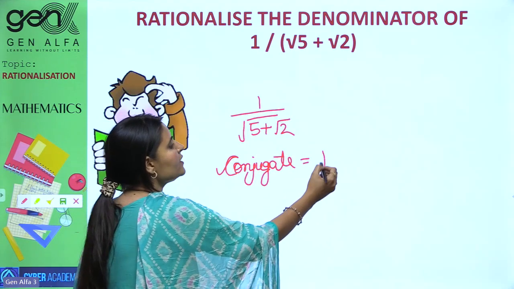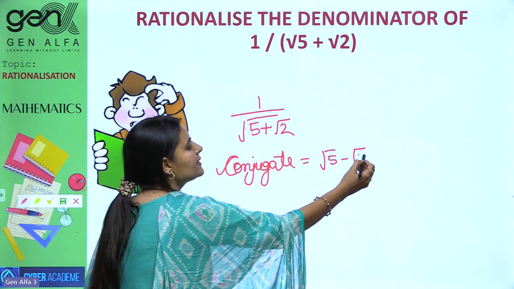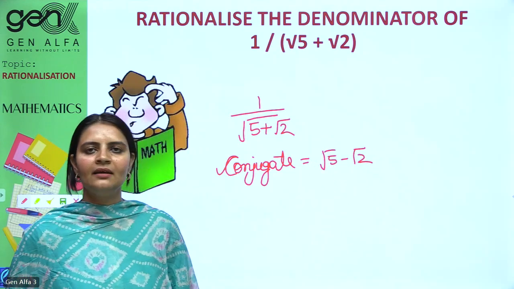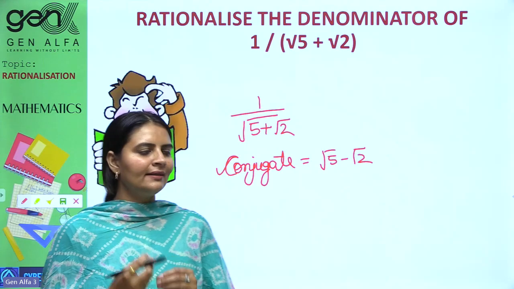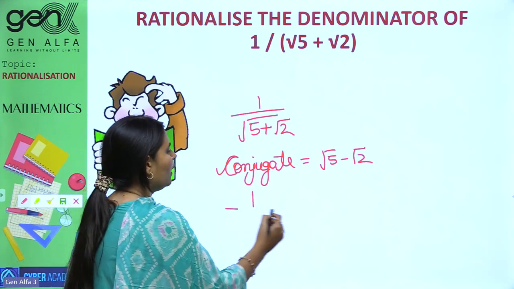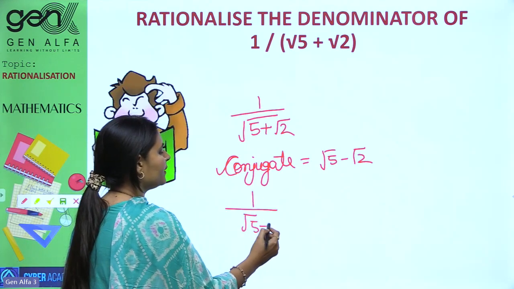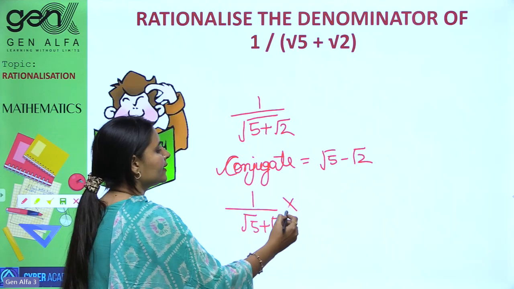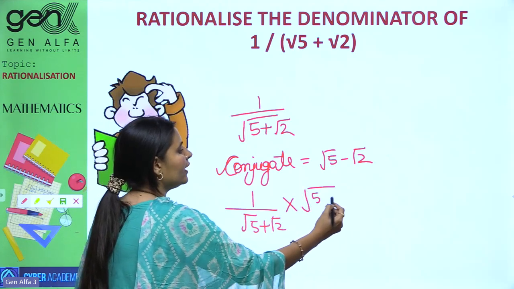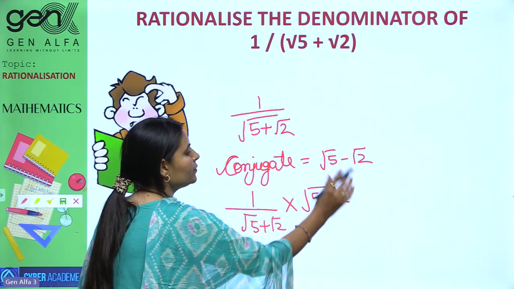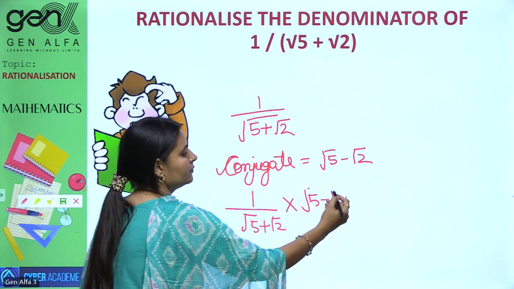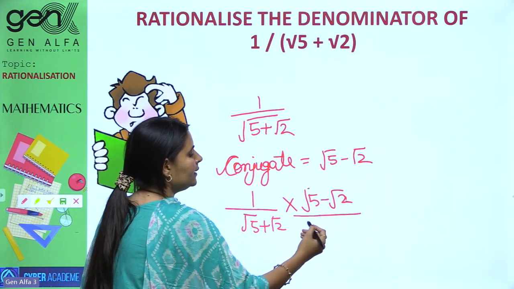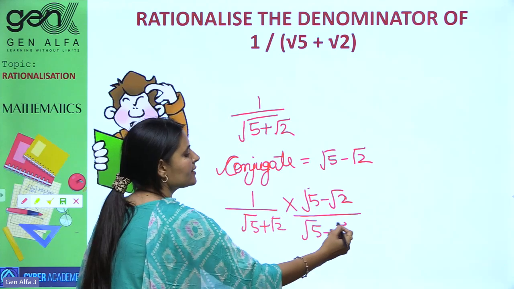Just take the opposite of sign along with the same terms. Now get it multiplied and divided. How? 1 by under root 5 plus under root 2 getting multiplied by under root 5 minus under root 2, divided by under root 5 minus under root 2.